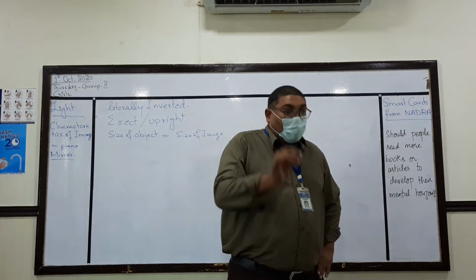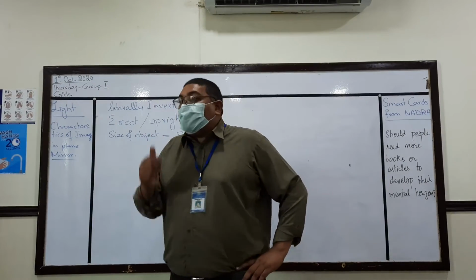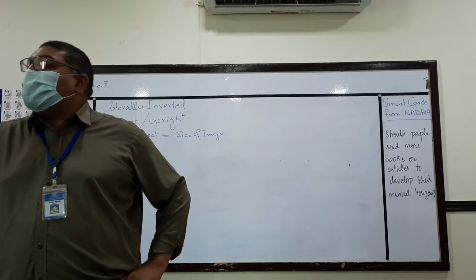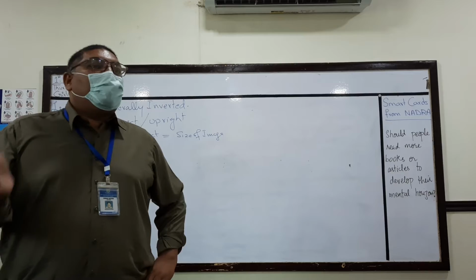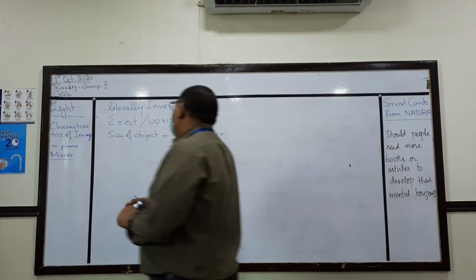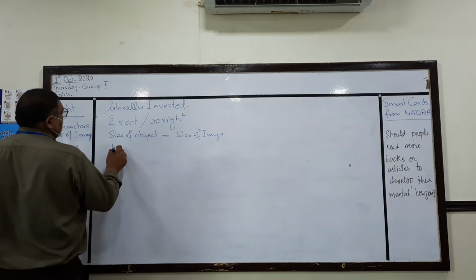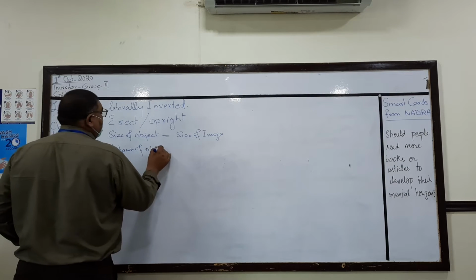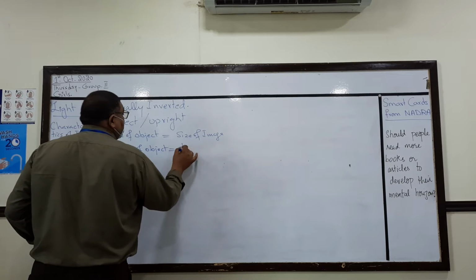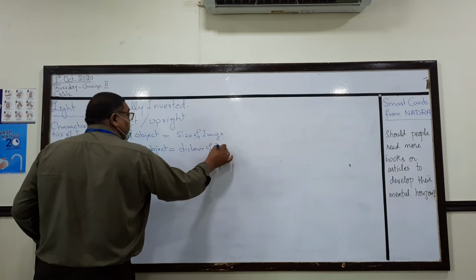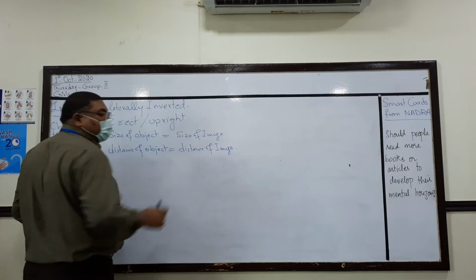The distance of the object from the mirror is equal to the distance of the image from the mirror. It means that the distance of object from the mirror is equal to the distance of image from the mirror.